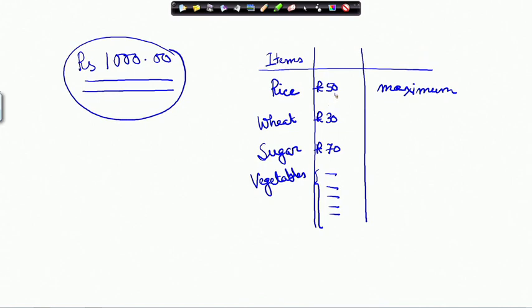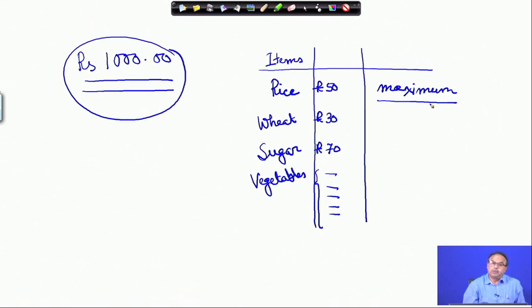So, with 50 rupees you can have 20 kgs of rice, but there is a constraint. There is a maximum amount of rice you have to buy, but you have to buy at least 5 kg of wheat, at least 2 kg of sugar, at least some amount of vegetables.